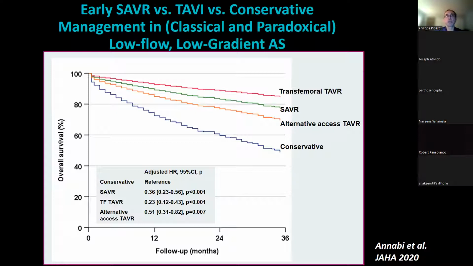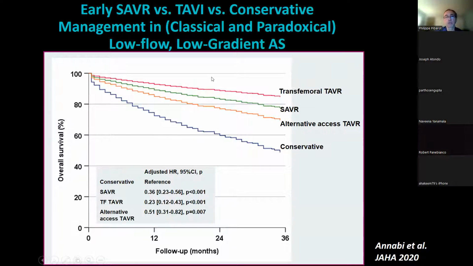Typically, in patients with low flow, low gradient AS, classical or paradoxical, the least invasive approach is the best. So if you can, you should prefer transfemoral TAVR versus SAVR or versus alternative access TAVR. And anyway, AVR, whatever the type, is better than conservative management.